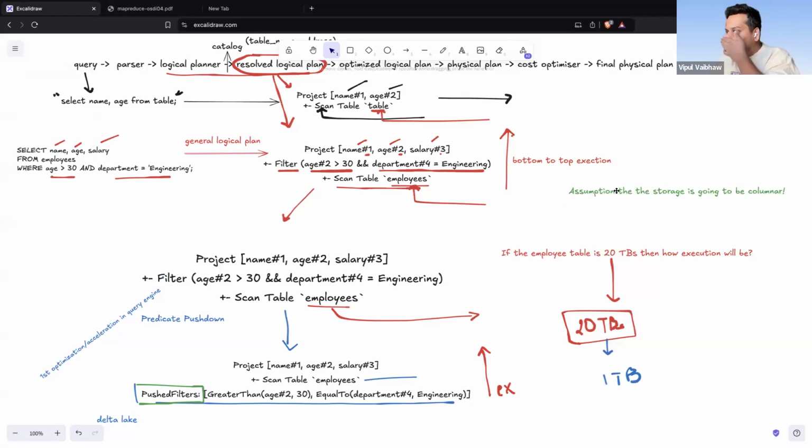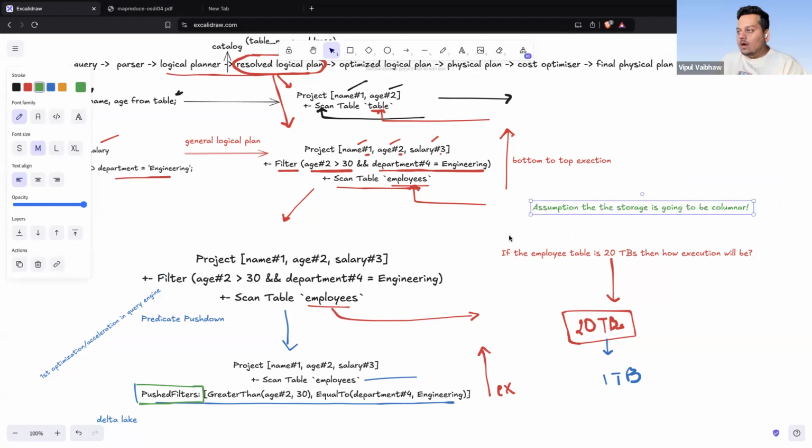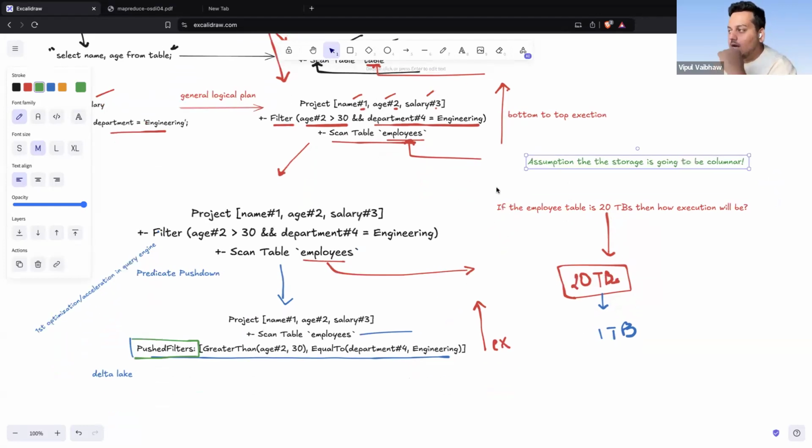I'm not going to explain columnar because that will take a lot of time from the things I want to discuss. But columnar is the assumption. If your data store is a columnar data store, then you have really good support for a lot of optimizations like predicate push down.